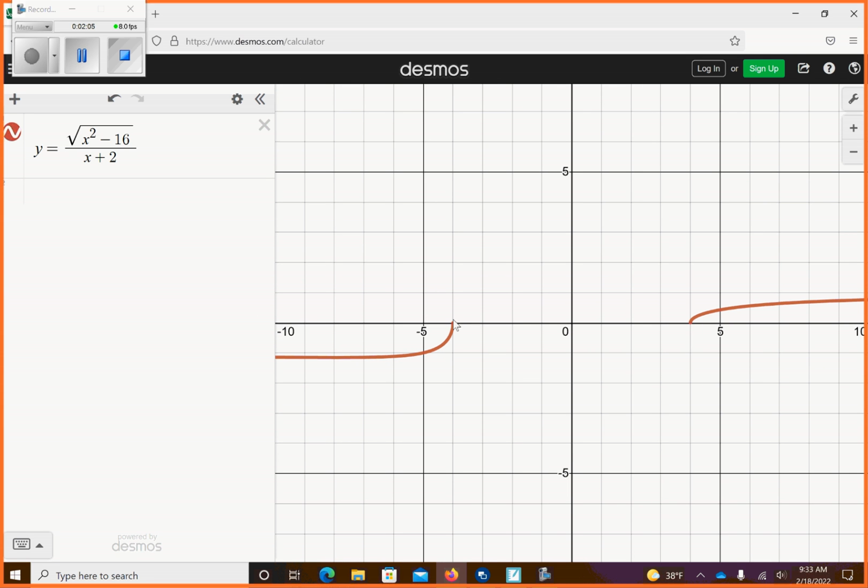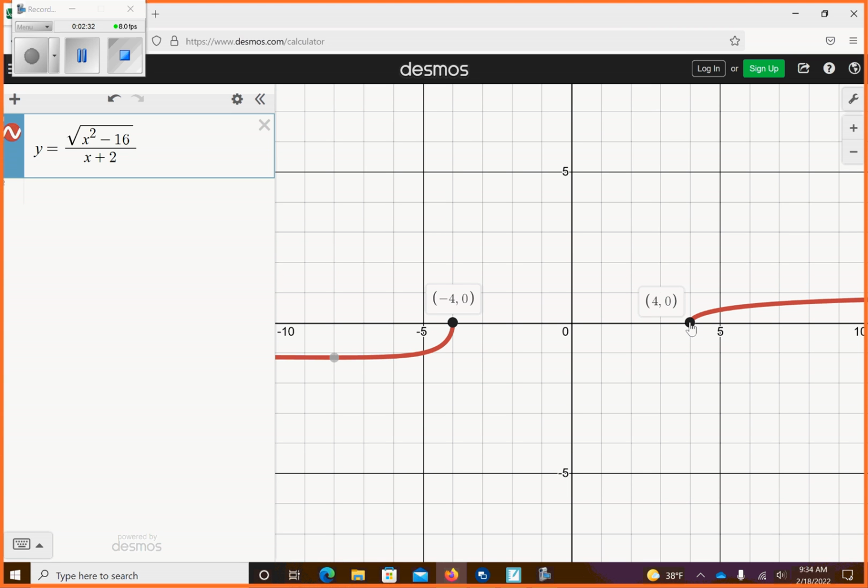If we wanted to look at the roots, we're looking where it crosses the x-axis. So we click here and we click here. Problem's done. Those are the solutions. What does the x plus 2 in the denominator do to us? Really nothing. The reason is that the square root function is not going to involve anything between negative 4 and positive 4.